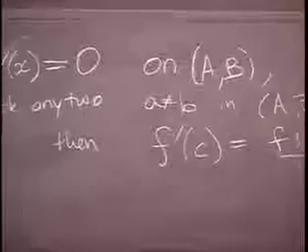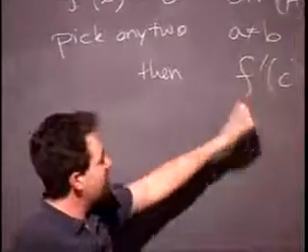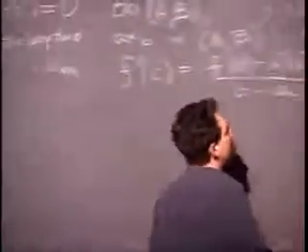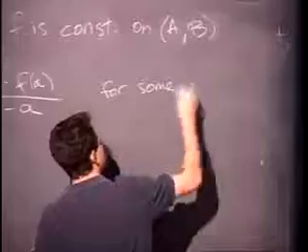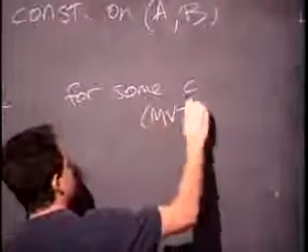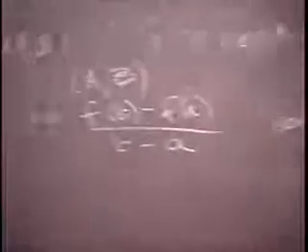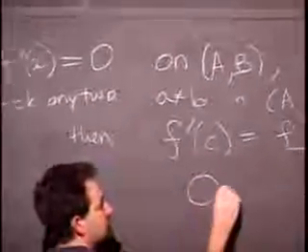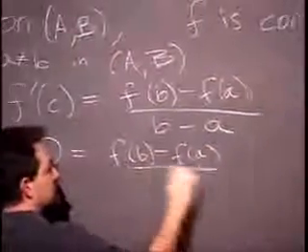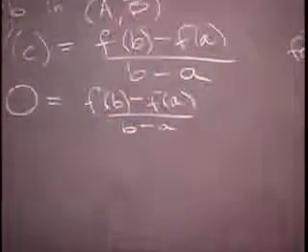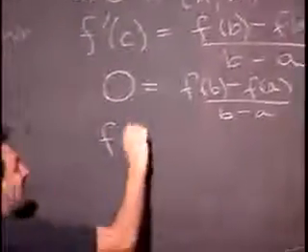Obviously, I don't pick the same thing twice, or else this fraction doesn't even make sense. So f prime of c equals f of b minus f of a over b minus a for some c. That's just the mean value theorem. But of course, the derivative is always 0. So 0 is f of b minus f of a, and we actually proved that f of a equals f of b.